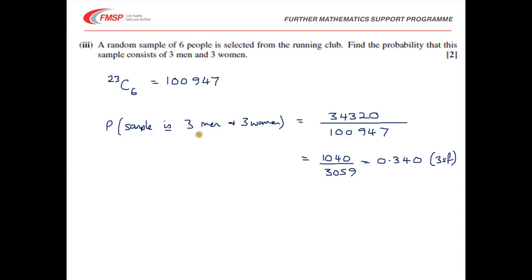And for the final part, there is a method mark for realising that you need 23 choose 6 on the denominator and an accuracy mark for your final answer, and again that follows through from part 1.